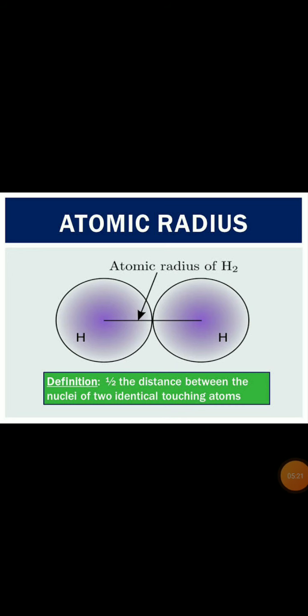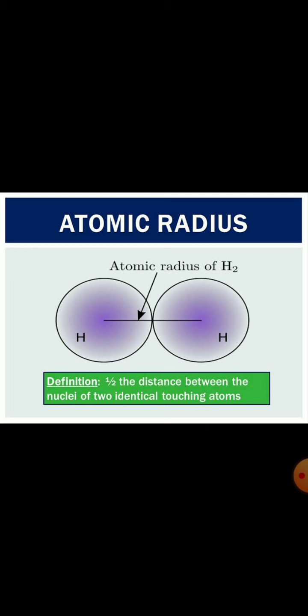Now let us talk about atomic radius. What is the meaning of atomic radius? Here we are learning atomic size, and atomic size refers to the radius of an atom. What is the radius of an atom? Here in the picture you can clearly see the atomic radius of hydrogen is shown. How?